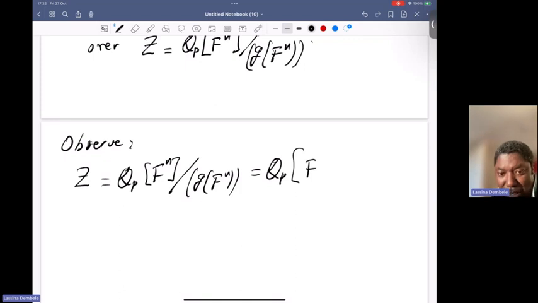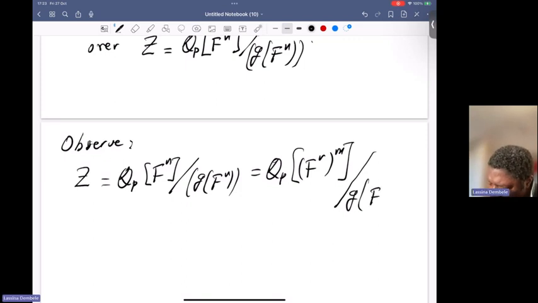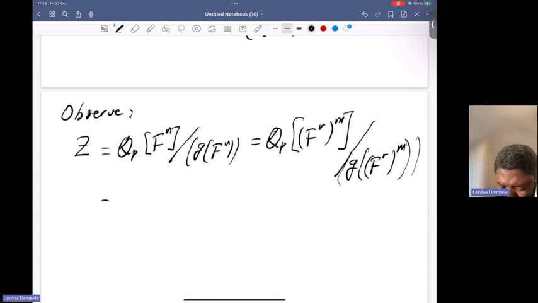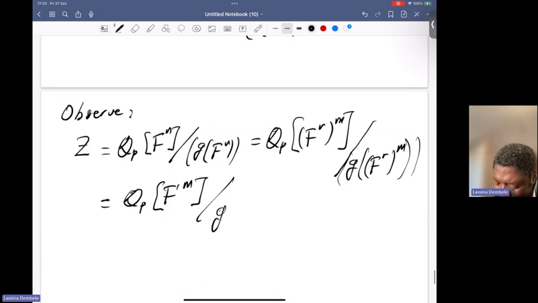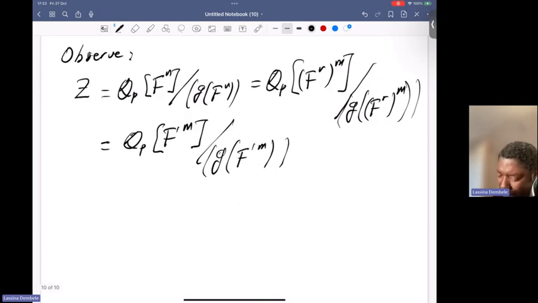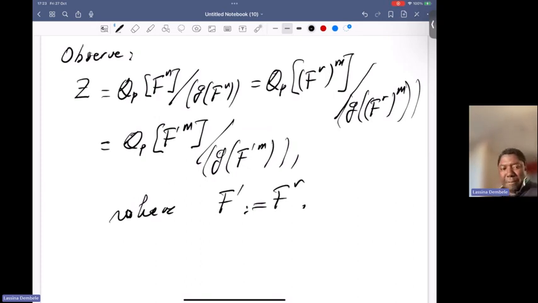I can write this as QP f to the r m, and then I can quotient this by G f to the r m, the ideal generated by G. And then I can rewrite this as QP f prime to the m mod out by G f prime to the m, where I set f prime to be equal to f to the r, right? So we can do this.